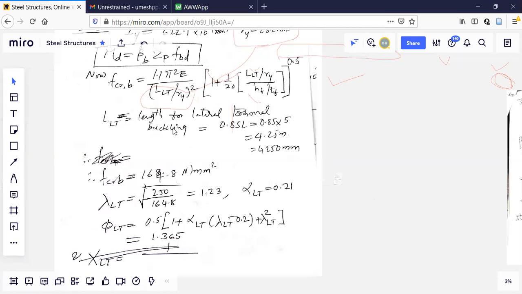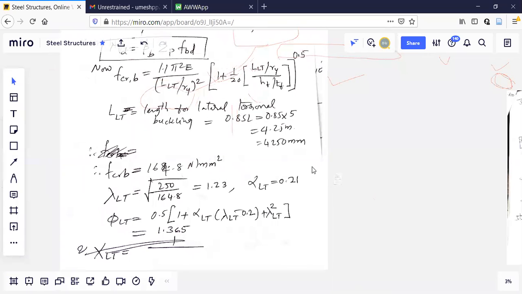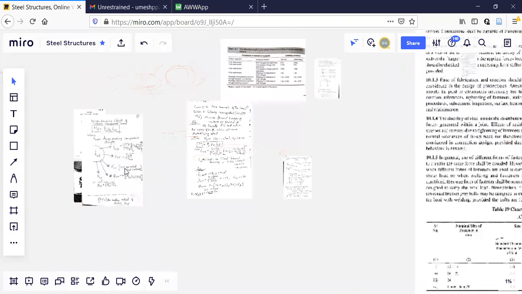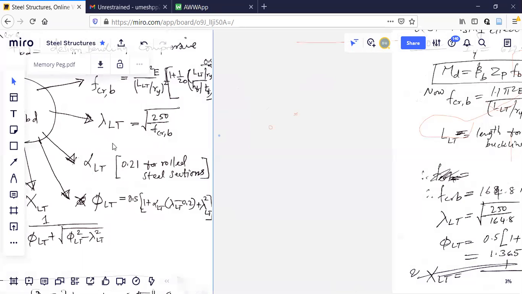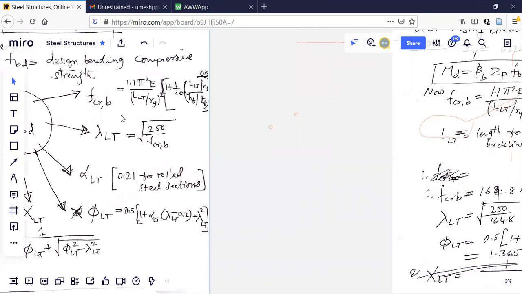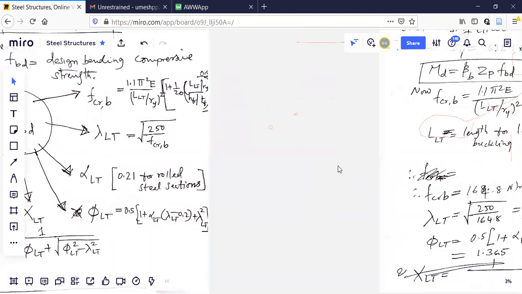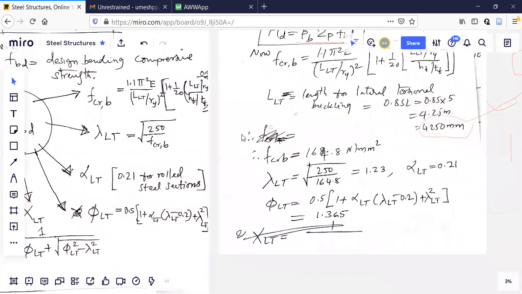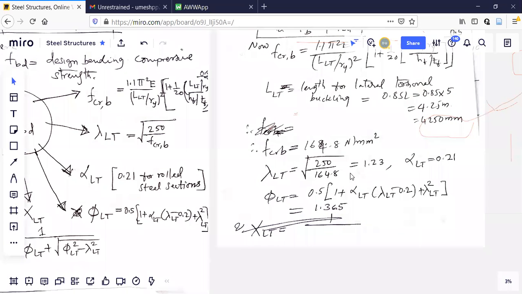Anyway, I'll show you one more example here of how you should calculate f_cr,b. Simply, gamma LT. Now observe this. f_cr,b is calculated. Now lambda LT is the root of 250 by f_cr,b, so this is 1.23.